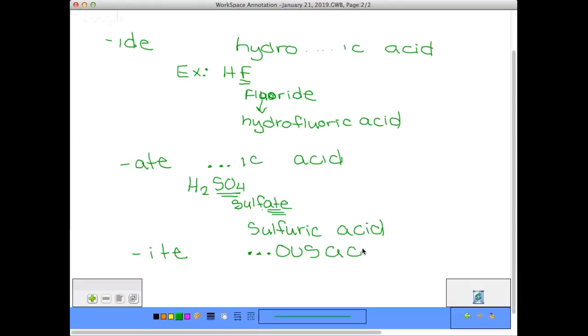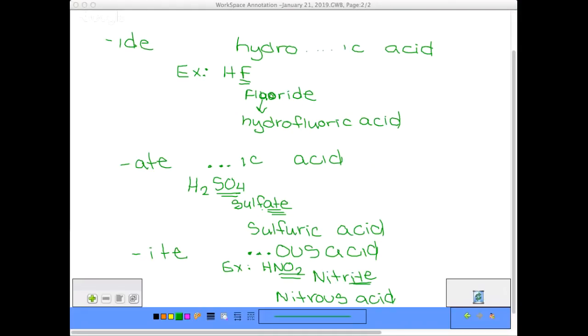So my example would be something like HNO2. And NO2 is nitrite. So we see it has that ite ending. And so this would become nitrous acid. So those are how we name them and some examples of going from the formula to the name.